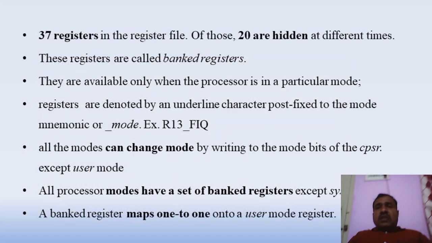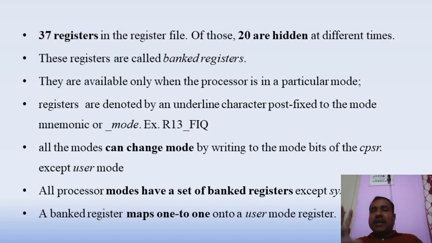So there are 37 registers in the register file. Of these, 20 are hidden at different times. These are banked registers, and they are denoted by the register number along with a postfix of the processor mode. For example, R13 of FIQ mode is represented as R13_FIQ.